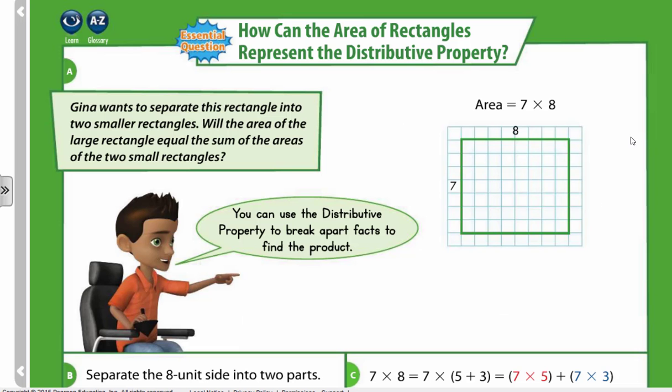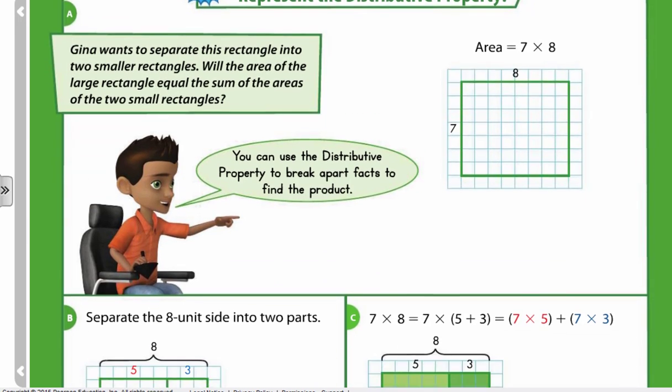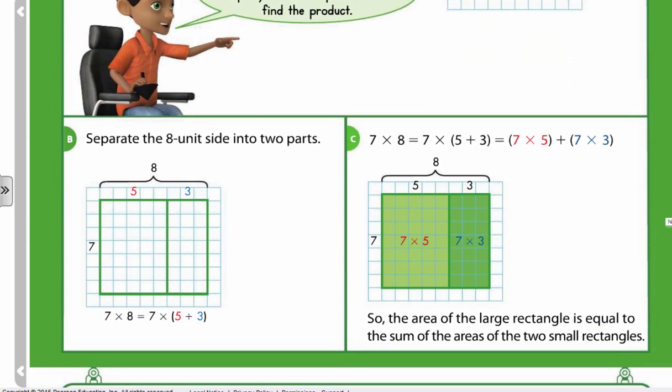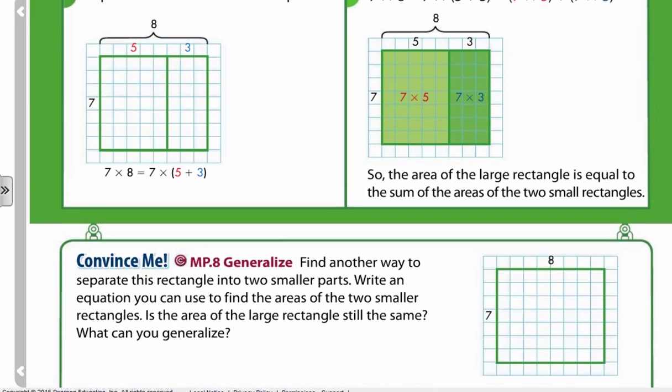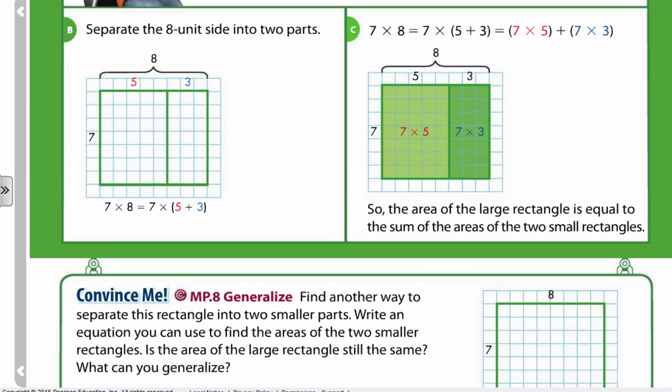Okay, heroes, back to the book. And in the video, we break the big rectangle into two small rectangles. Okay, I just need to use the pen. The first rectangle is this one, and the second rectangle is this one.